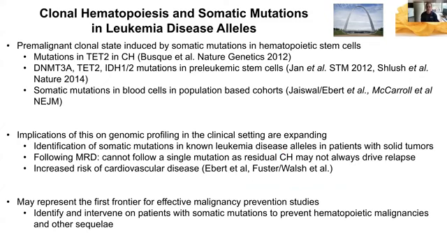You can use whatever terminology you prefer, but it just makes the point that we know that a significant fraction of acute leukemia arises from a pre-malignant state, which probably goes on for years with these early mutations in genes like DNMT3A or TET2 or ASXL1, enhancing the fitness of stem cells, but not causing transformation. Now, these cells obviously are not benign, and we know from Ben Ebert's work and a number of other labs that this predisposes to cardiovascular disease.